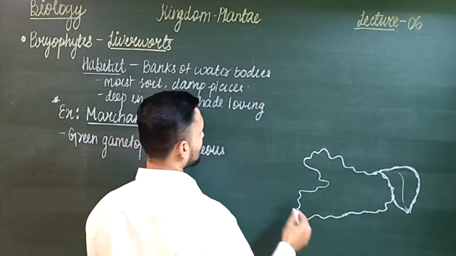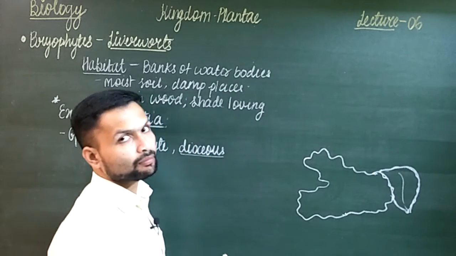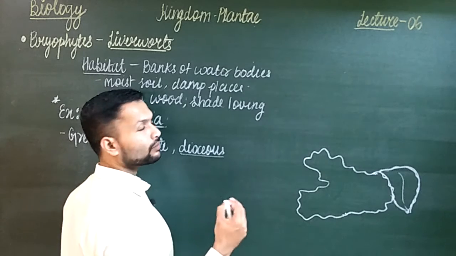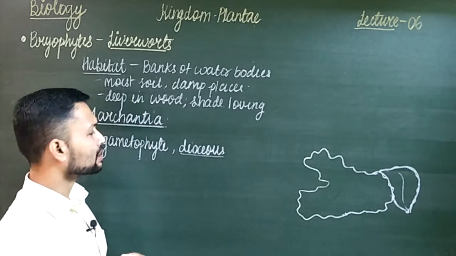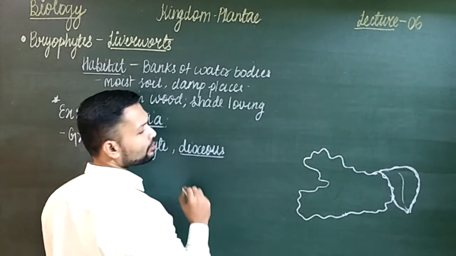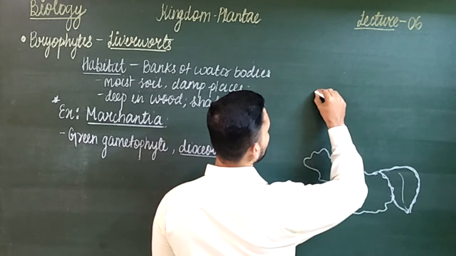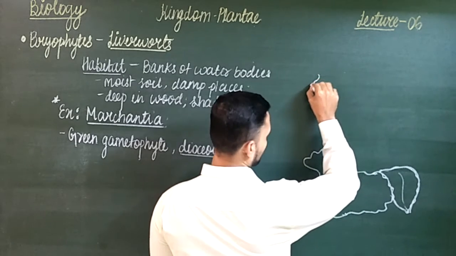Now when we mean by dioecious, that means male and female plants are on two different plant bodies. Rather, male gametophyte and female gametophyte develop on two different plant bodies. So suppose this is female and male. Let us draw one more.